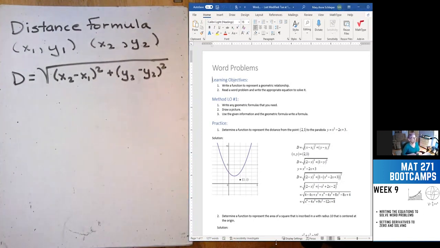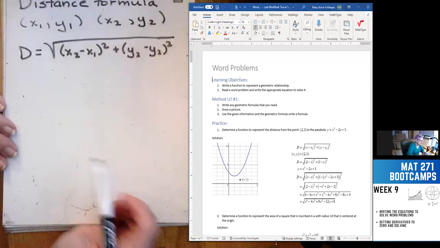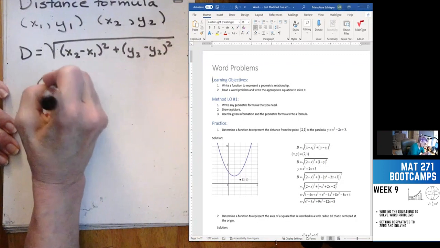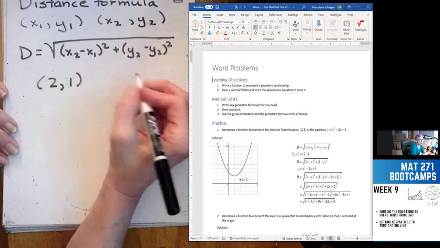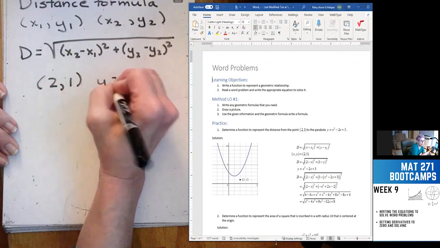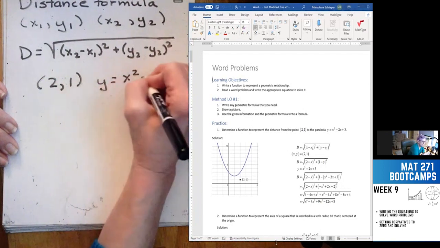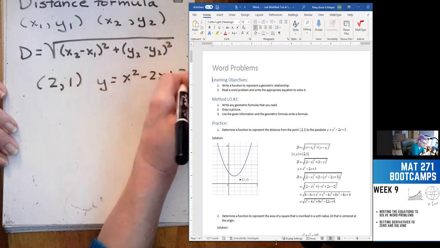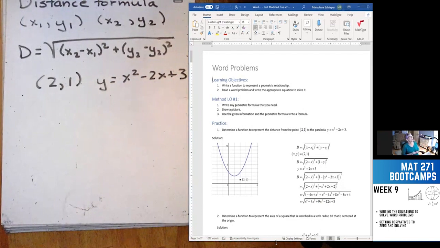So if we want to represent the distance from a point (2, 1) to the parabola, y equals x squared minus 2x plus 3. This is one where drawing a picture is kind of optional.